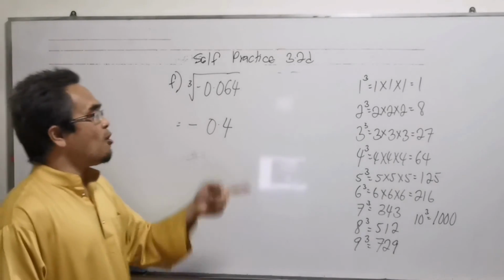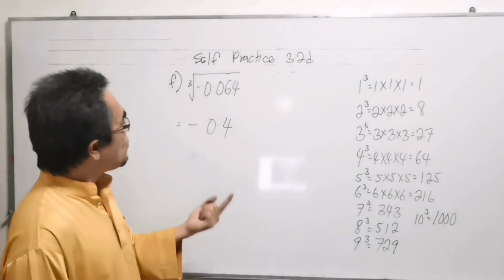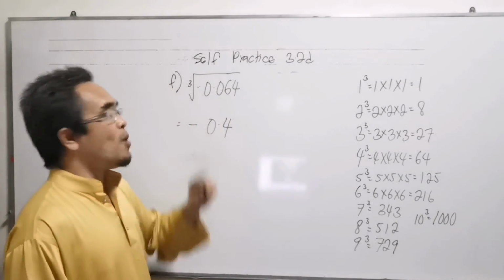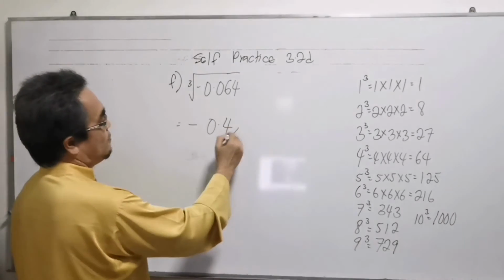Because 4 times 4 times 4 is 64, 0.4 times 0.4 times 0.4 will be 0.064.